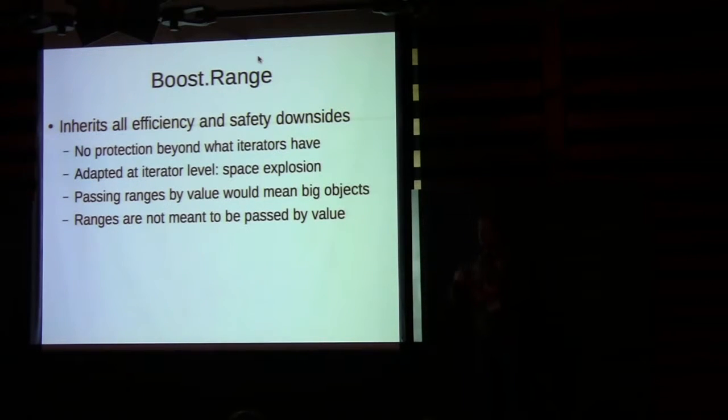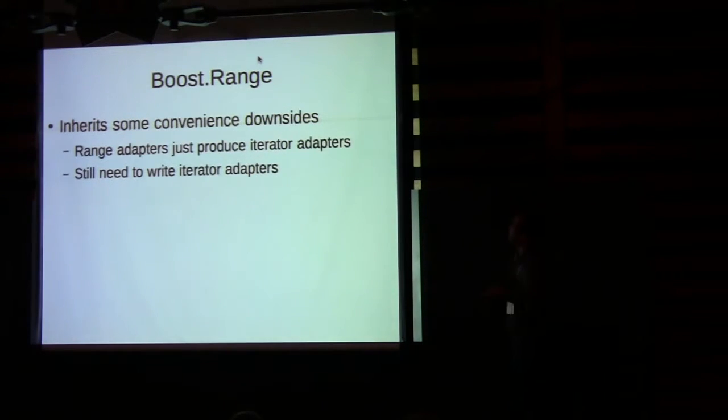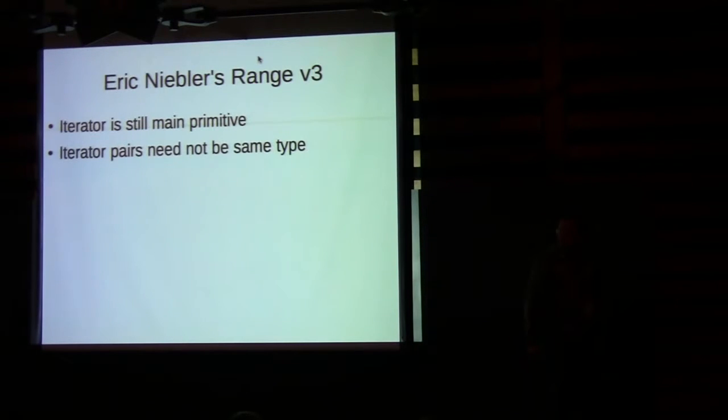So it still depends on the compiler to split the object up. Except that ranges in Boost Range are usually passed by reference. So that point doesn't really apply, but. And as I said, if you want to write an adapter, you have to write an iterator adapter. And I still claim they're harder to write than range adapters. All right. Any questions about Boost Range?